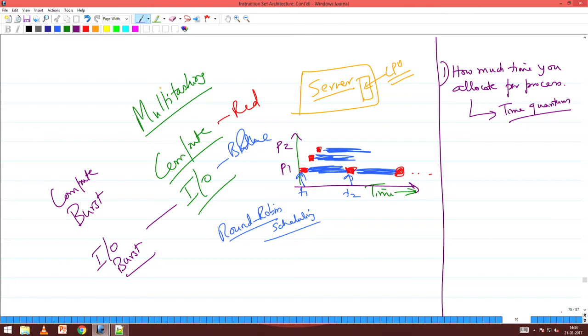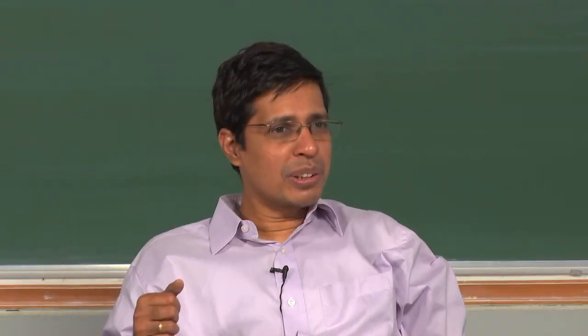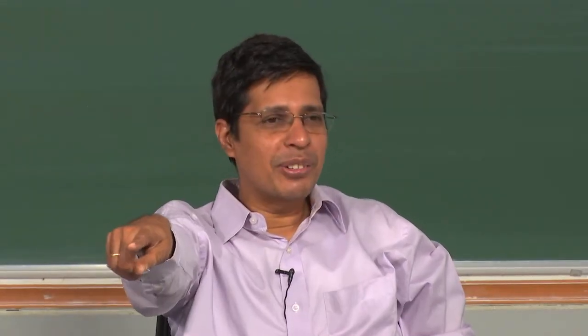Anyway. So there's only one CPU. Now after the time quantum, let us say I give 2 milliseconds for each. After the time quantum, what should happen? He should be pulled out, and then this fellow has to be scheduled.